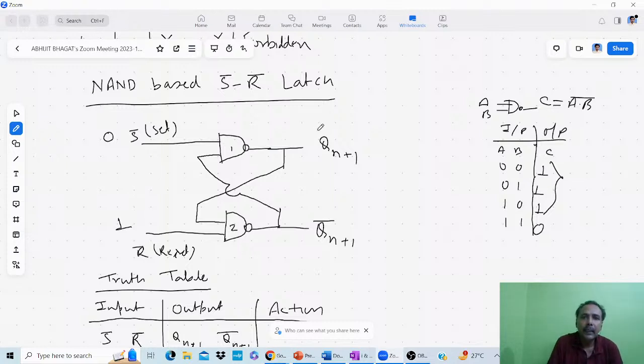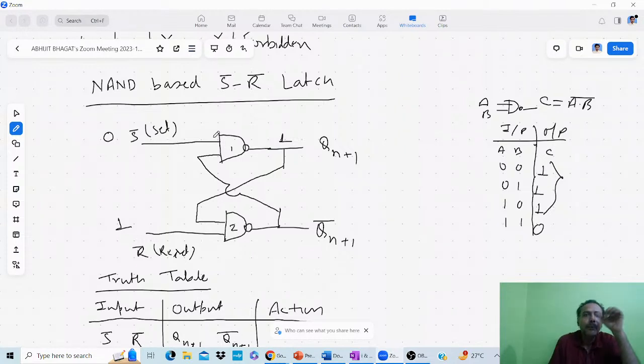So if S is 0, for this gate you can see this is 0, so whatever the other input, across the output we will get 1, because if any one input of the gate is 0, your output will be 1.